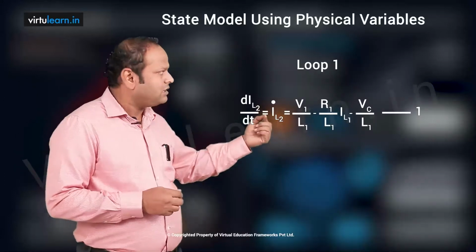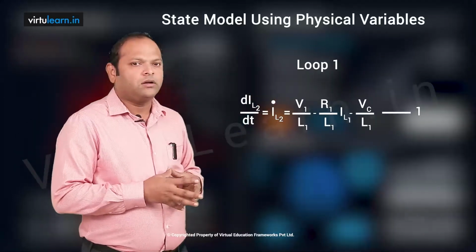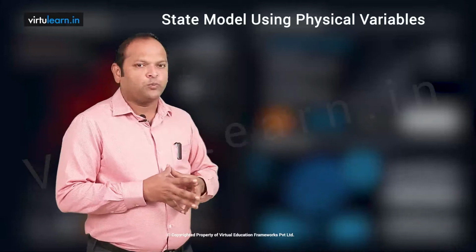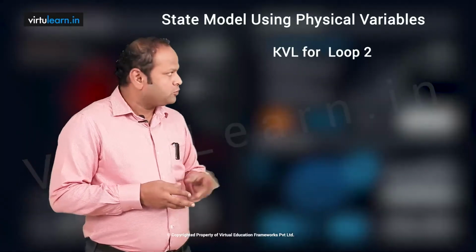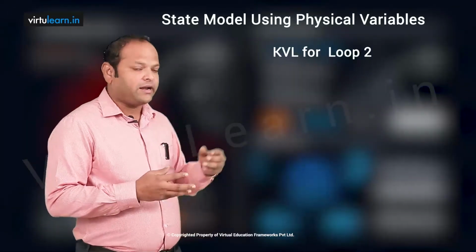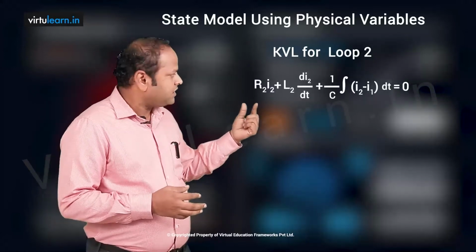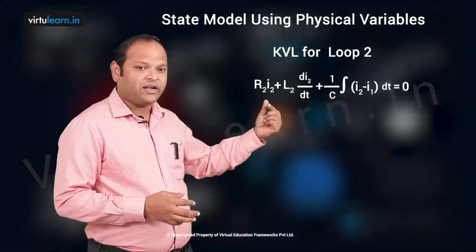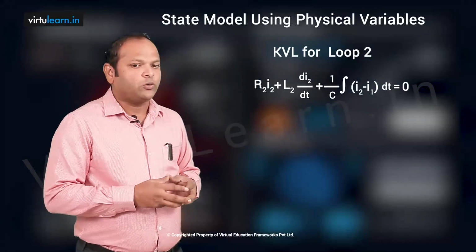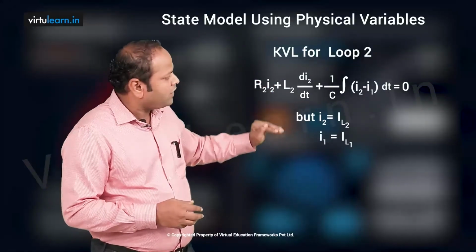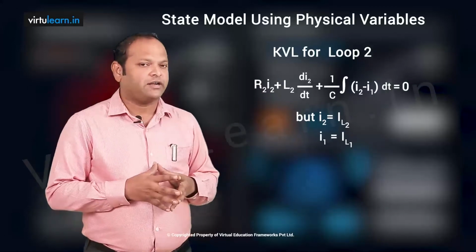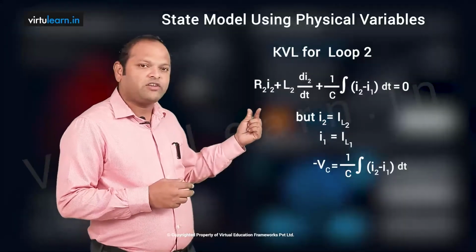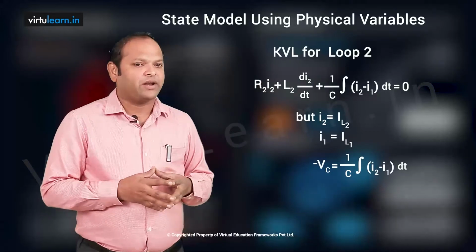Similarly, we can write the KVL equation in loop 2. When you write the KVL equation for loop 2, there are no sources at all, so we can write directly R2 I2 plus L2 di2/dt plus 1/C integral of (I2 minus I1) dt equals 0. Again I replace small i1 and small i2 with the state variables IL1 and IL2, and Vc is 1/C integral of (I1 minus I2).